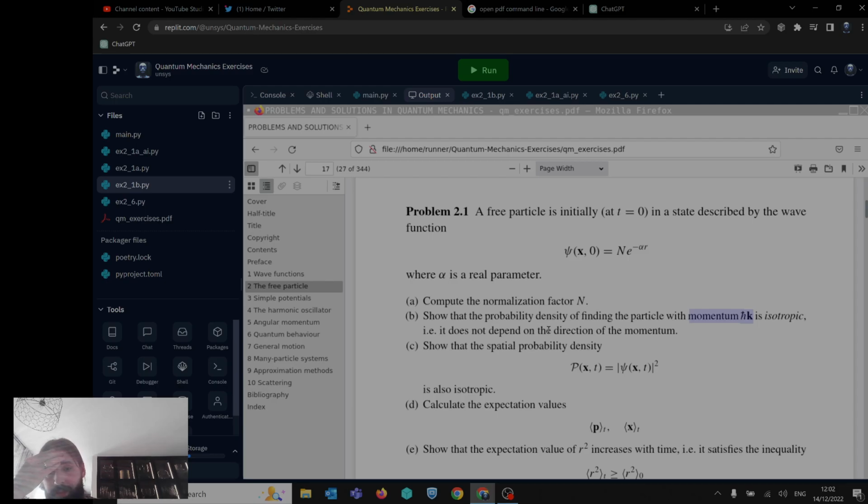And then show the spatial probability density is also isotropic. That's a similar exercise, but with x and t. Although how am I supposed to know t in this case? Because we're only given that initially, at t=0, it's like this. The wave function of a free particle.